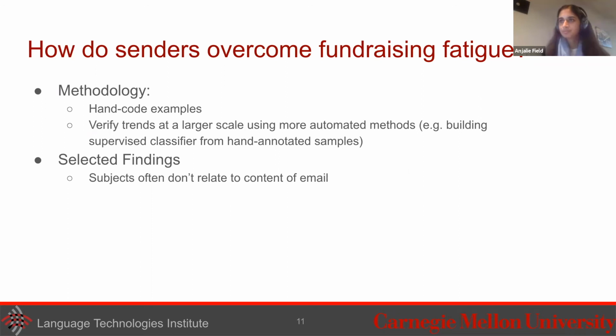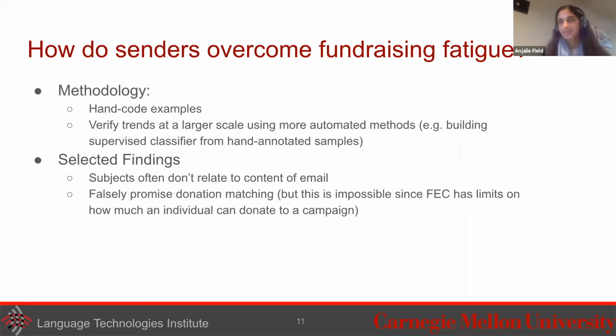A second one, and this is something that I learned in reading this paper that I didn't know: a lot of these emails falsely promise donation matching. Donation matching is where someone states, if you donate now, your donation will be matched by a private donor up to this amount.